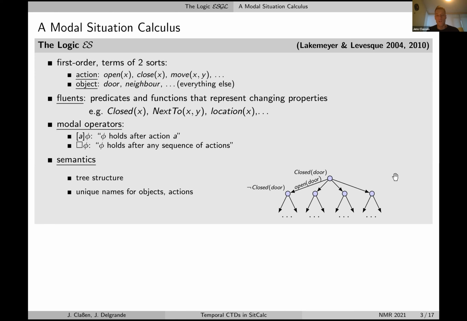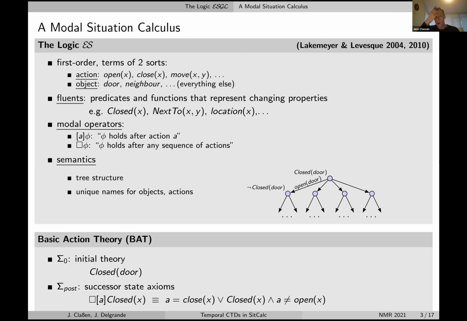And in addition, we have unique names for objects and actions. This is a little bit of a restriction compared to the original situation calculus, but you can do all the important things with it that you would do with the classical one. In particular, you can formulate basic action theories in a similar fashion.